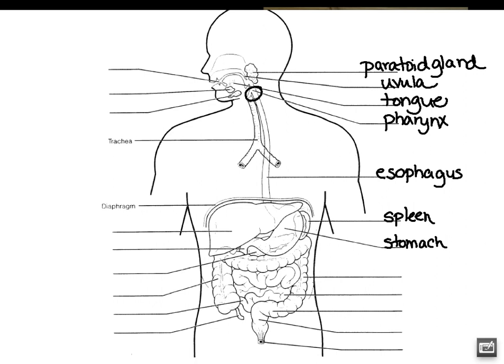Now, I'm going to have you add a line in here, in between the stomach and the next line. That is looking at the part of the tube that goes across. That is your transverse colon.